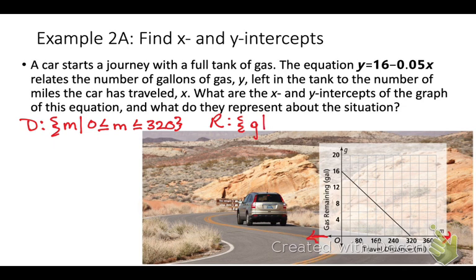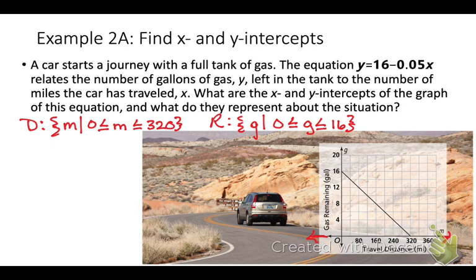Can I be at 0 gallons? I'm not moving, but I can get there, right? And my biggest is 16. I can have 16 gallons, right? Okay, so again, situational. Because technically, for this equation, the range would be all real numbers also.